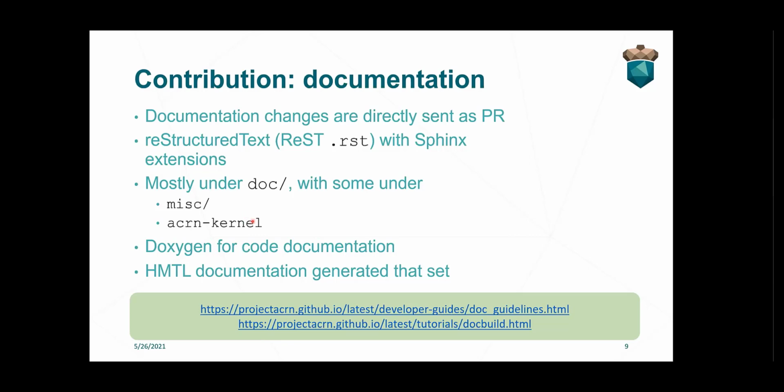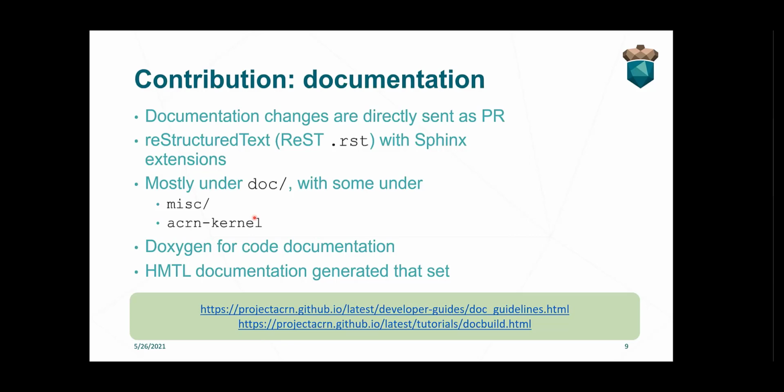The other thing that you need to know, and that's described in our documentation as well, is that to build the documentation, there are bits and pieces of information that we actually pull from the Acorn kernel repo. So to build the documentation, you will need to clone the Acorn kernel repository and put it at the same level as the Acorn hypervisor.